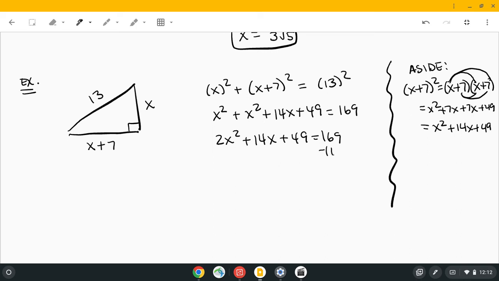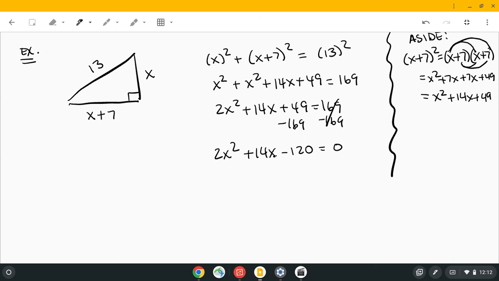Once you do that, you can try factoring or the quadratic formula.